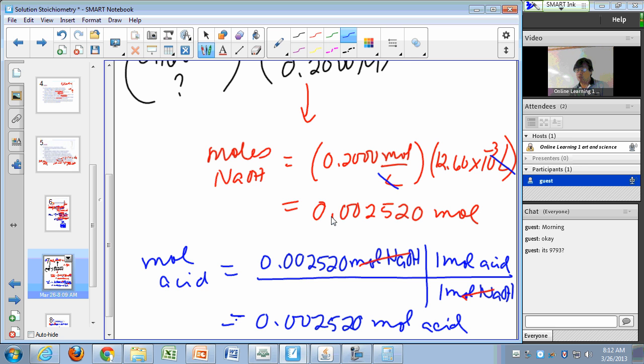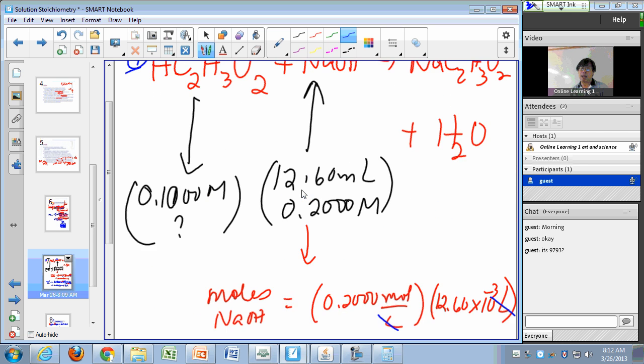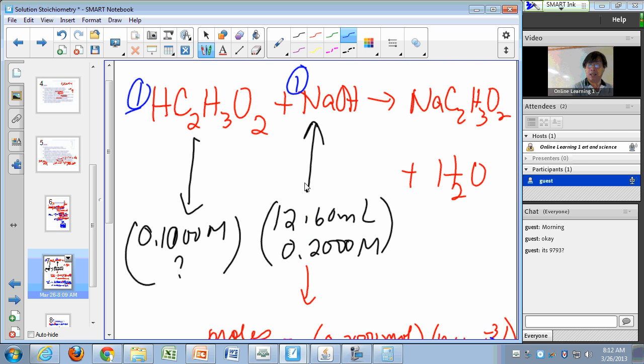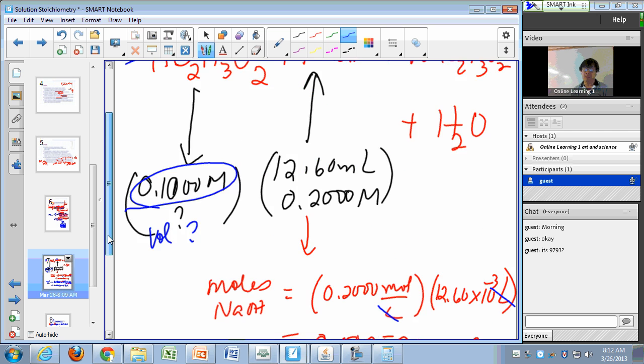So what kind of question might you be asked besides moles of acetic acid in this problem? You could be asked, okay, you were told that in this titration, the molarity of the acetic acid is 0.1. So what's the volume of the acetic acid that was in the flask to begin with? So how much acetic acid was in the flask to begin with?